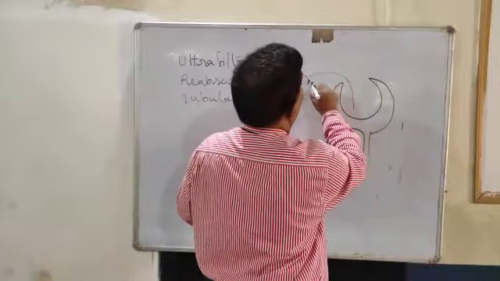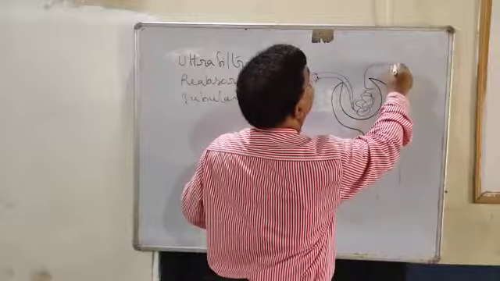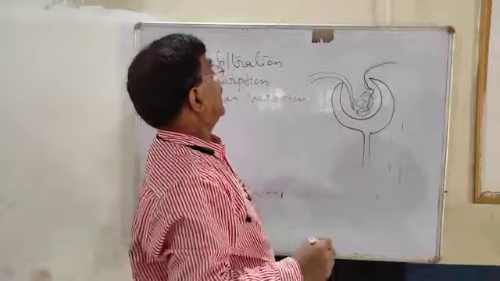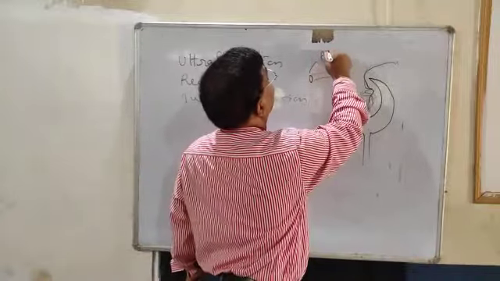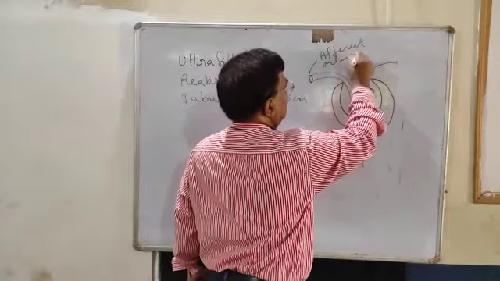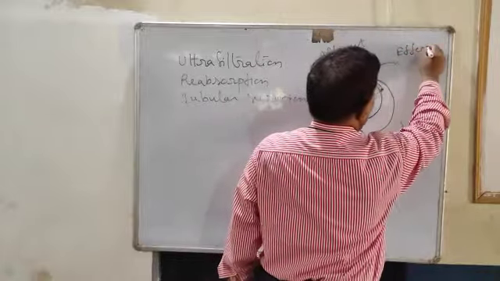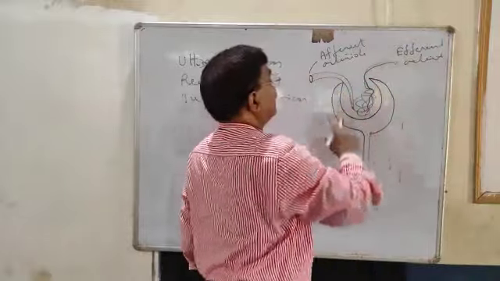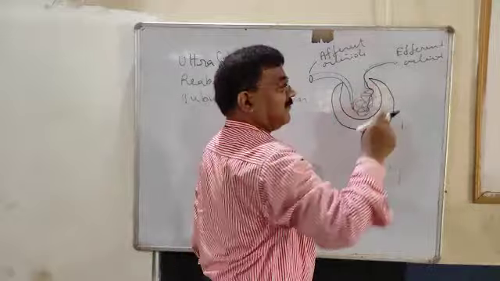The afferent arteriole breaks into capillaries, and this is the efferent arteriole. See here, the afferent arteriole is wider compared to the efferent arteriole. What will happen? The blood will enter more and will come out less.